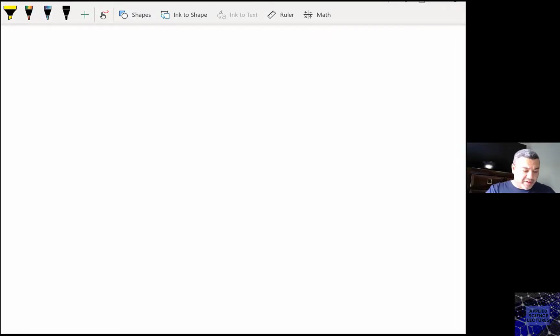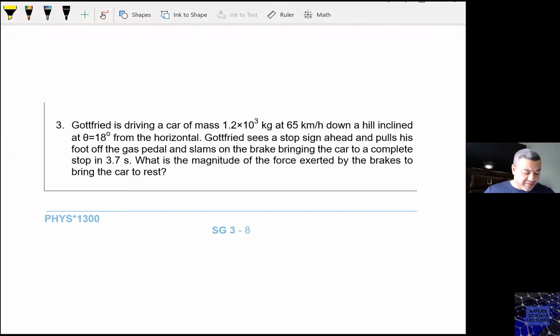Okay, so for self-test 3, number 3: Gottfried is driving a car of mass 1.2 × 10^3 kilograms at 65 kilometers per hour down a hill inclined at theta equals 18 degrees from the horizontal.